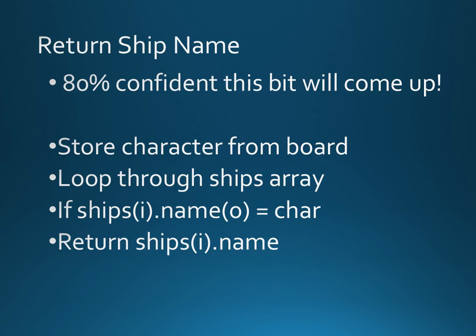Now the last little bit will return the ship's name so we can actually display you have sunk my battleship, or you have sunk my patrol boat, or whatever it happens to be. I am 90% sure, I've said 80 here, I've backtracked. I'm really quite confident that this will come up in some way.